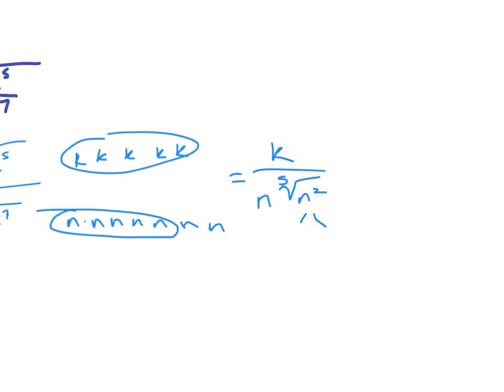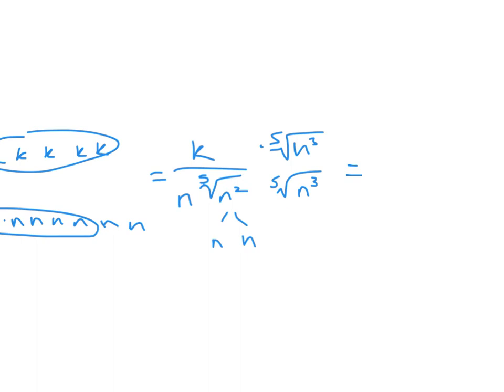So how many n's do we have on the inside? 2. So this should be n and n. How many are we missing to make this a whole n? 3. So we multiply the 5th root of what? n cubed. So what we do on the bottom, we have to do on the top. So the 5th root of n cubed.